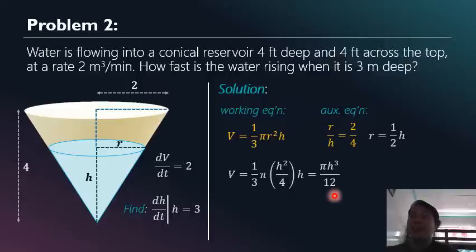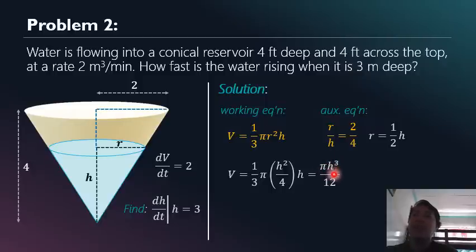Again, related rates ito, kaya dapat pag nag-differentiate ka ay with respect to t. Okay. So, let us get the derivative of v with respect to t. So, we have, of course, dv over dt. Tapos, ito naman, constant lang yung pi at saka 12, so ilalabas mo lang siya. So, magiging pi over 12 times the derivative of h cube with respect to t.